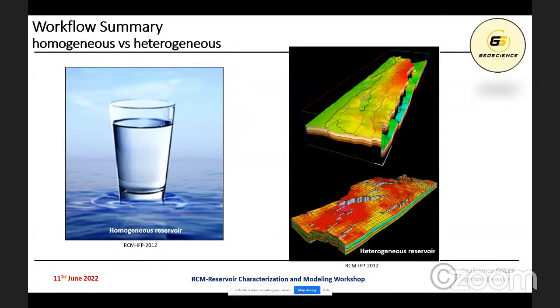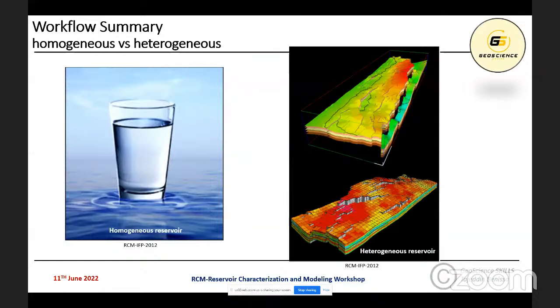Some reservoirs, like clean sandstone reservoirs, can be considered homogeneous, as we explained in the previous session when we talked about the channel. For a braided system, for example, you expect to find parts or all of the reservoir homogeneous, with similar reservoir characteristics or properties.